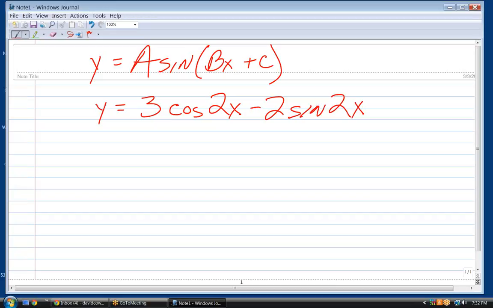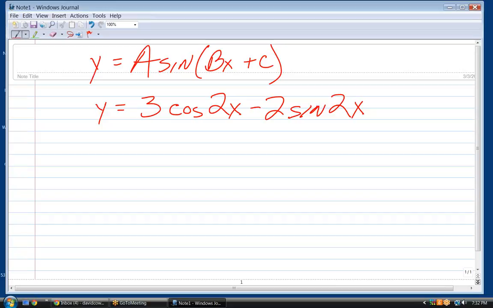Well, let me think for a moment. If we use the double angle identity, we can express cosine of 2x as nothing but sine squared.